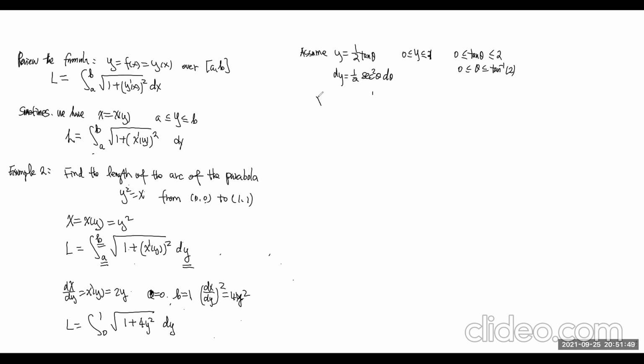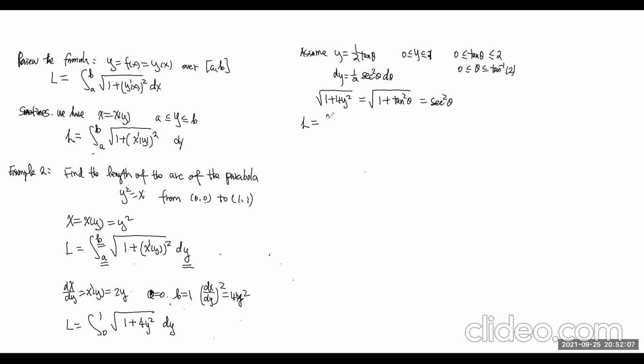Okay, let's continue. Then the square root of 1 plus 4y squared is the square root of 1 plus tangent squared theta. This is secant theta, right? So let's use the substitution.